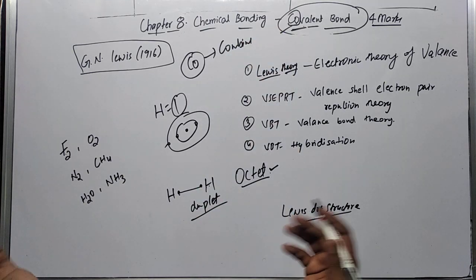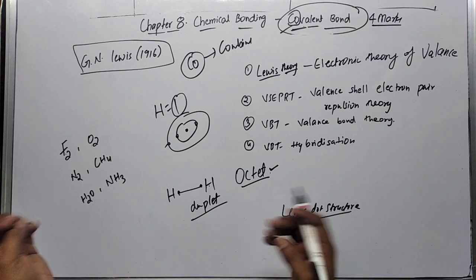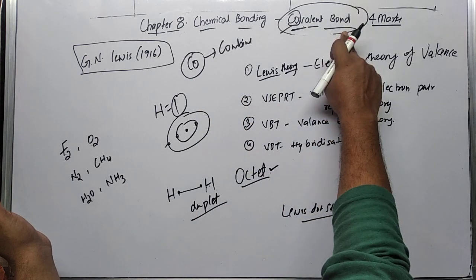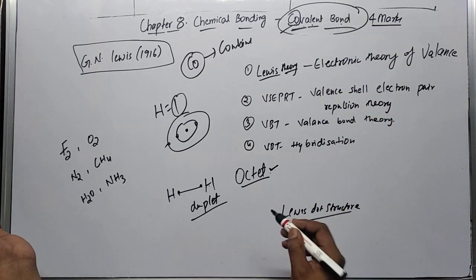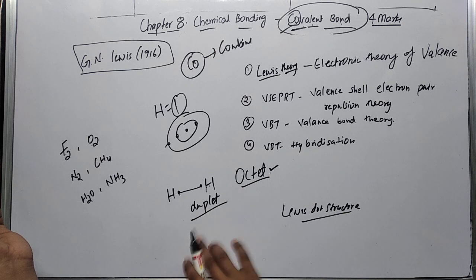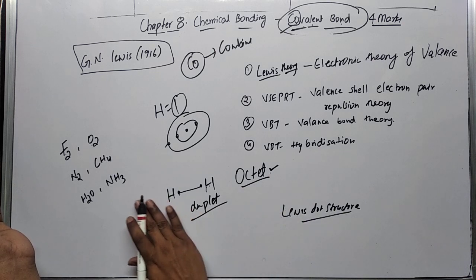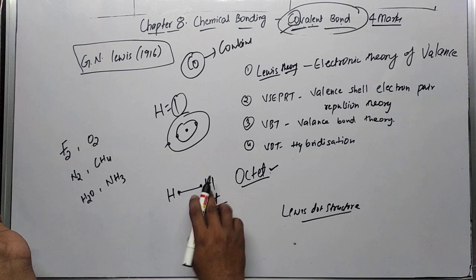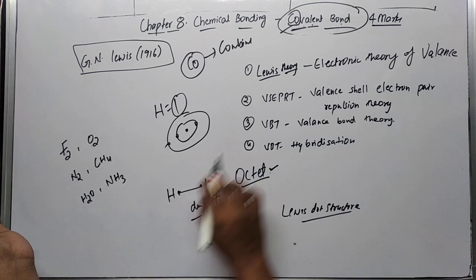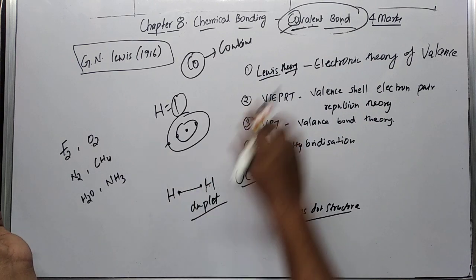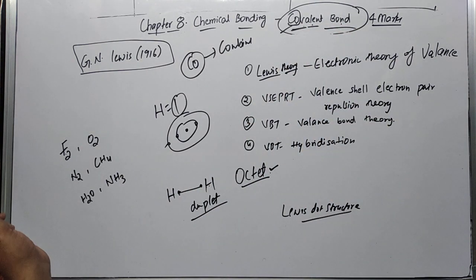So co is nothing but coexistence or combination. So co అంటే కలపడం. And valent is named based on the valency, because this bond is formed between the valence electrons. If I take the example of hydrogen, the valence electron is 1, so a bond is formed between the valence electrons. So a bond is formed by the combination of valencies, therefore its name is covalent bond.